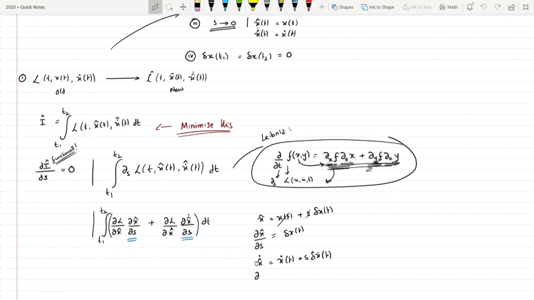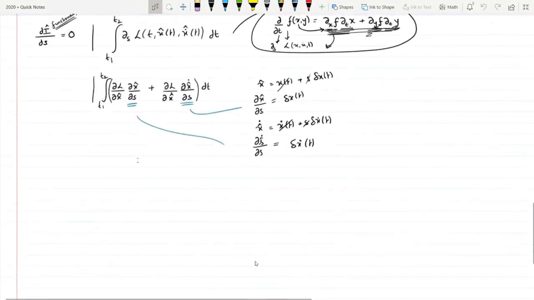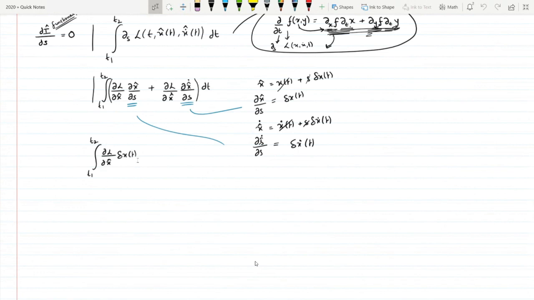The derivative of this with respect to s, x dot goes out of the window, s becomes 1, we're just left with del x dot of t. So we can input that here. Our integral now becomes the integral from t1 to t2 of dou L by dou x hat times del x of t plus dou L by dou x hat dot times del x dot of t, and this entire thing dt. Is this clear to everyone?